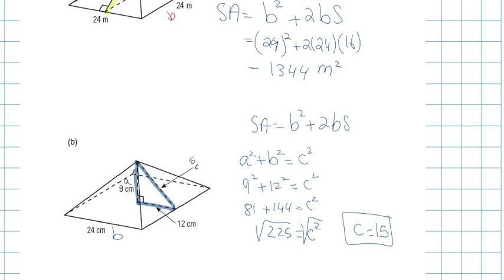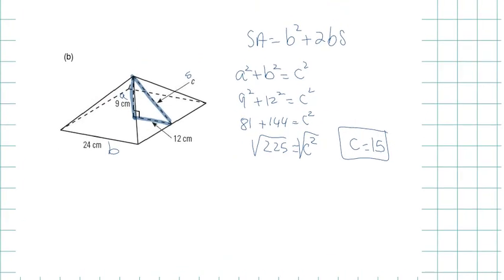And now you know this, so you can simply go to SA equals b squared plus 2bs. And then you're going to plug in the values. Remember that the base of the pyramid is 24, so that's going to replace the b.